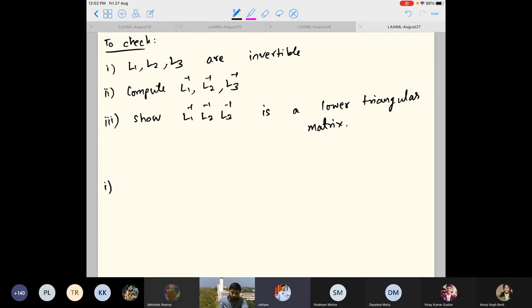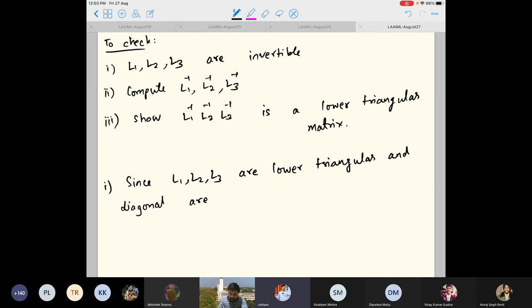Okay, so the first thing, since L1, L2, L3 are lower triangular and diagonal entries are all ones, that is not equal to 0, L1, L2, L3 are invertible.